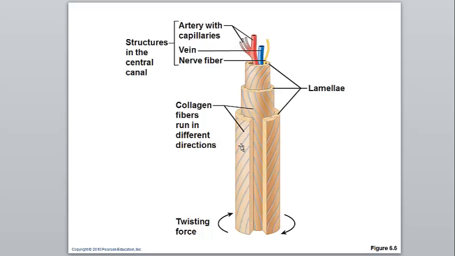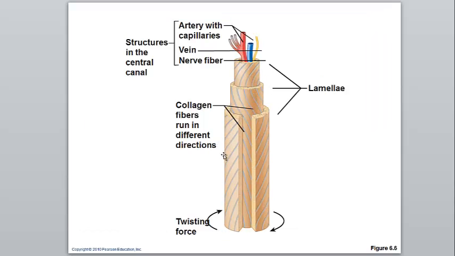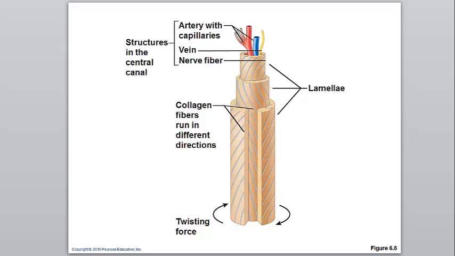The type of fibers in the matrix is going to be collagen fiber. Another reason why your long bone gives so much strength is not only because it has lamellae, tube within tube within tube, but also the collagen fibers that run in your matrix.